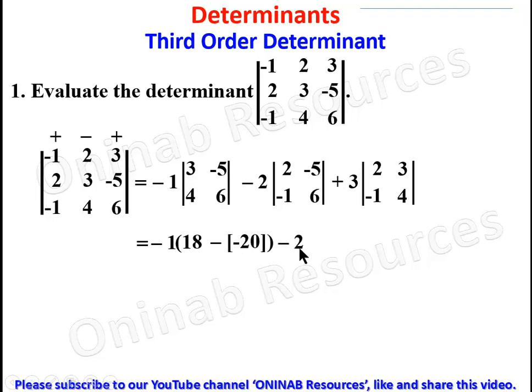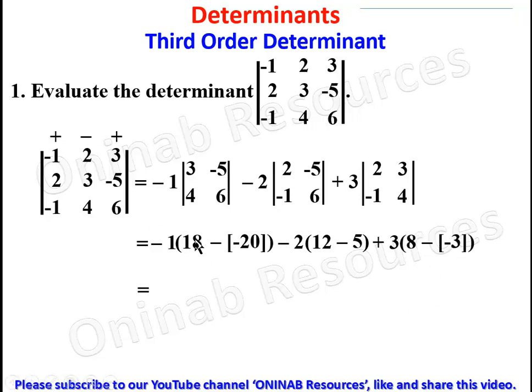Then we have a -2 here. 2 times 6 gives 12. The -1 times -5 gives 5, so that will give us -5. Then +3. Then 2 times 4 gives 8. -1 times 3 gives -3, so we have -3.